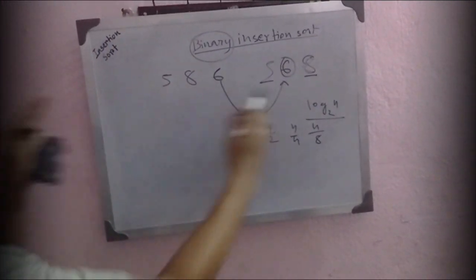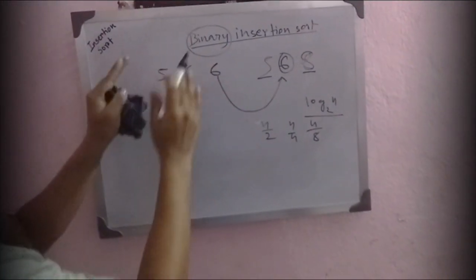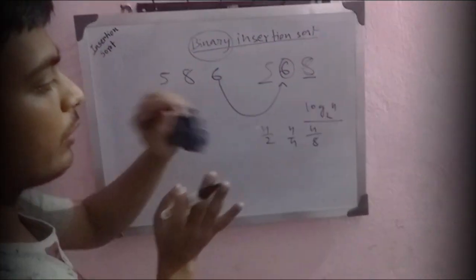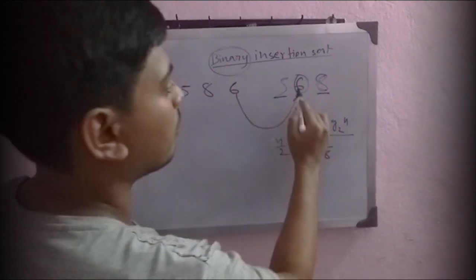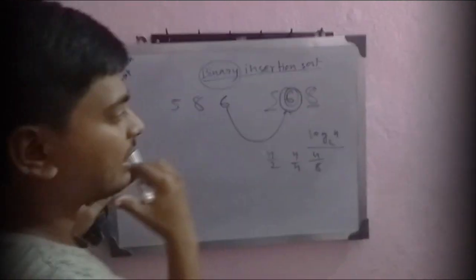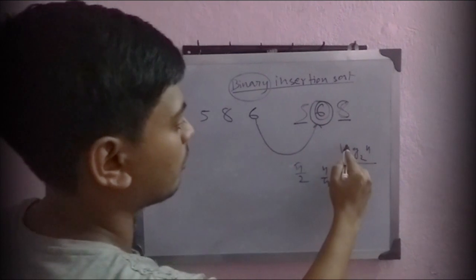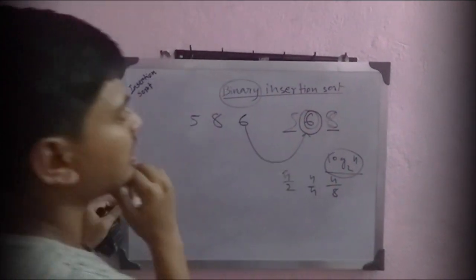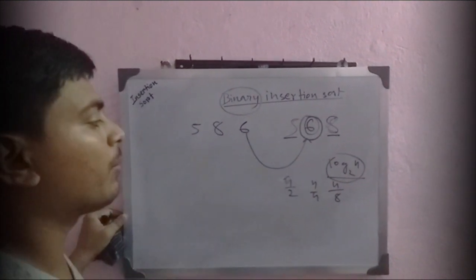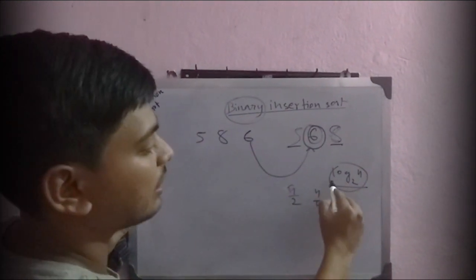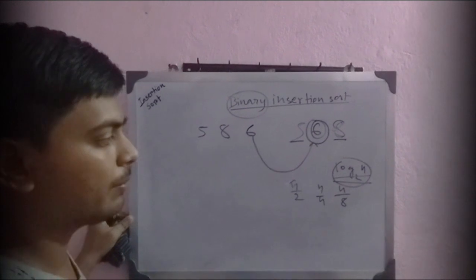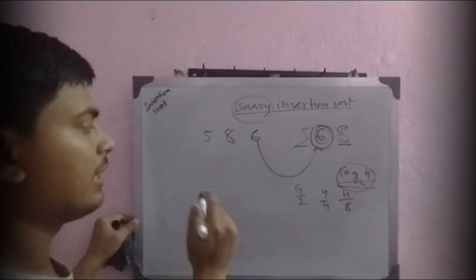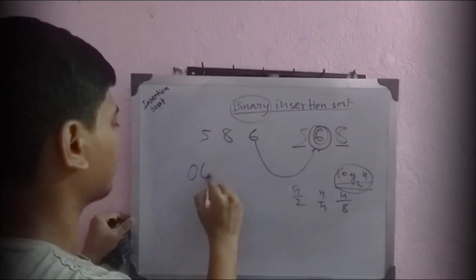So in a large array, if we use binary search in insertion sort, it might take order log of n base 2 comparisons. But the number of shifts is not reduced, so it might not affect the insertion sort time complexity. It will still take big O of n square.